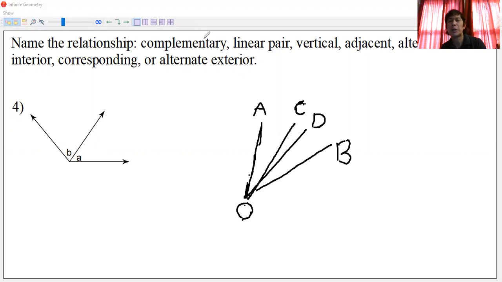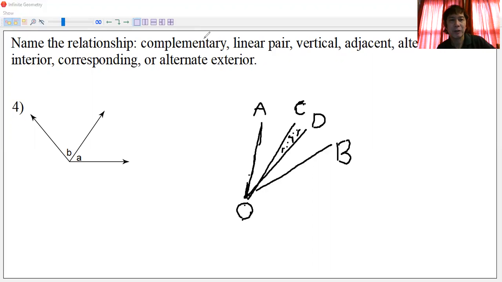If you can see the angles AOD and BOC, they have interior points here, and they're overlapping. So these two angles, AOD and BOC, have common interior points that are overlapping, and you cannot say this is an adjacent angle pair.